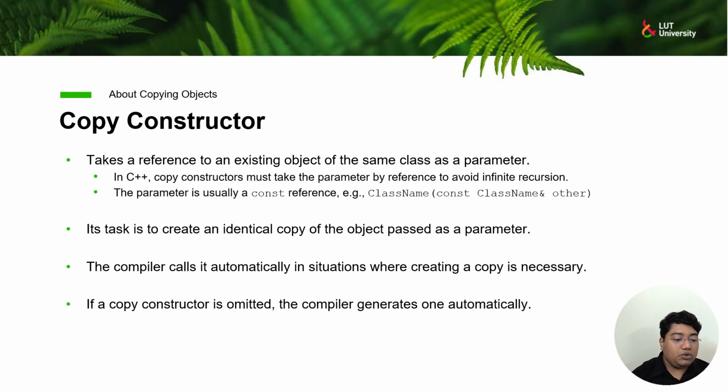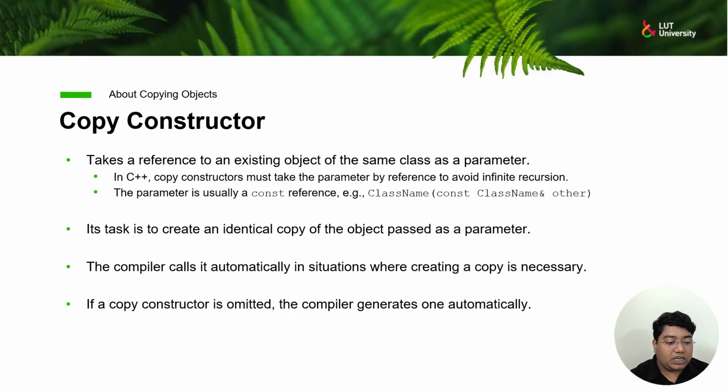The tool we use for that is the copy constructor. A copy constructor creates a new object from an existing object of the same class. Its parameter is almost always written like this. Notice the parameter is a reference, and that's essential.